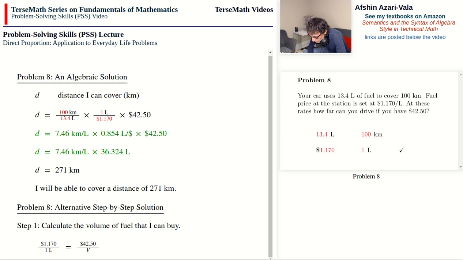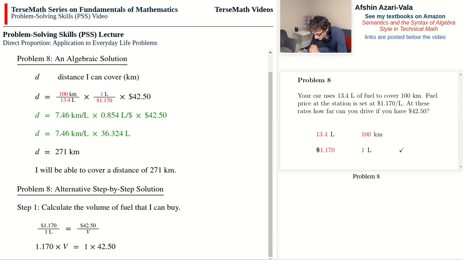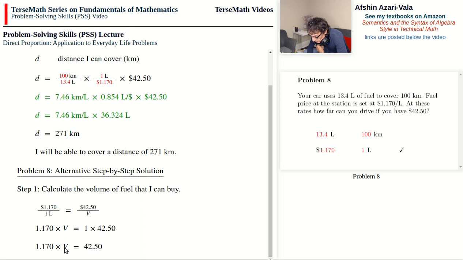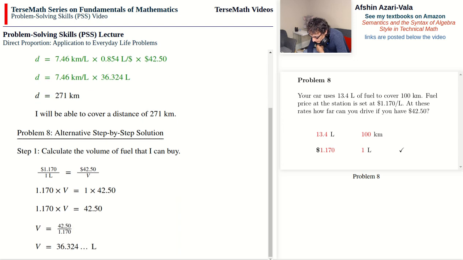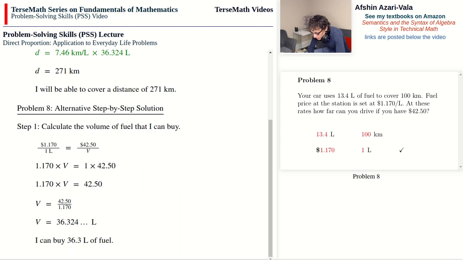Now we do a crisscross, and we get 1.17 times V equals 1 times 42.5. And we simplify, and then divide the right side by 1.17. And we find that we need about 36.3 liters of fuel.